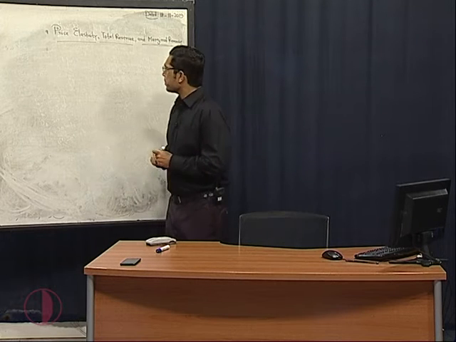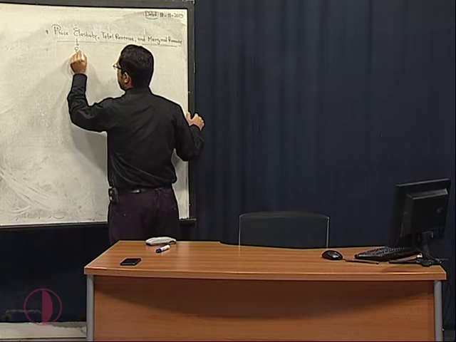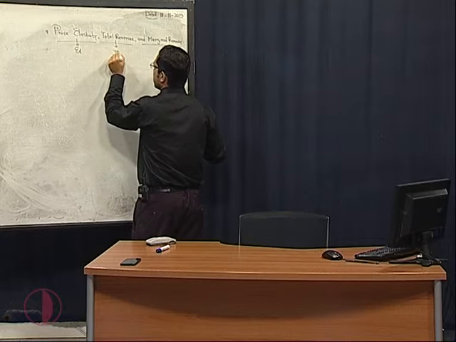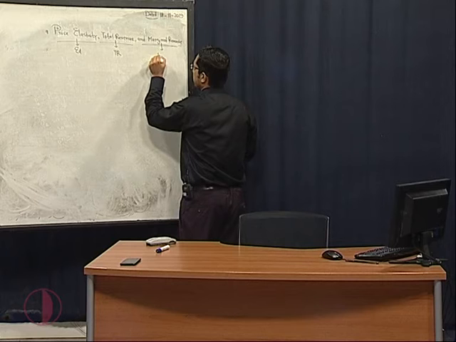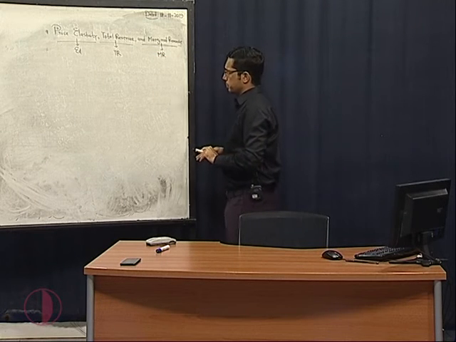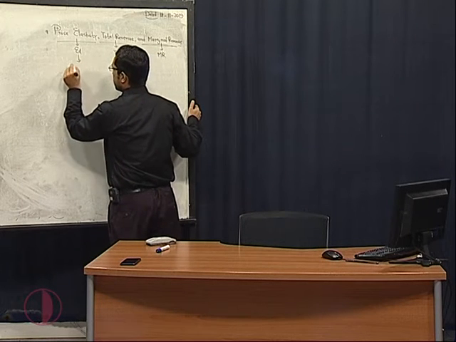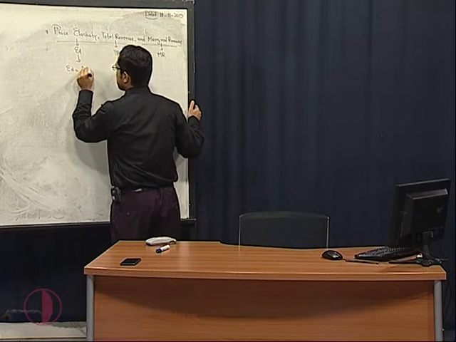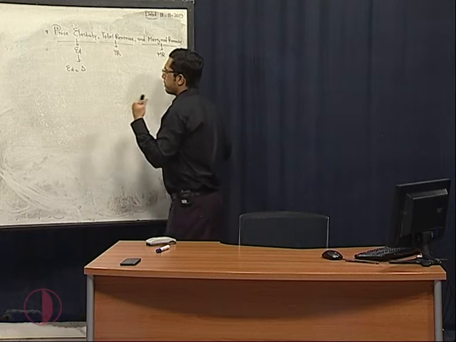The symbol we use for the price elasticity of demand is ED. For the total revenue we use TR, and for the marginal revenue we use the symbol MR. Price elasticity of demand refers to the percentage change in quantity demanded due to the percentage change in the price of a commodity.